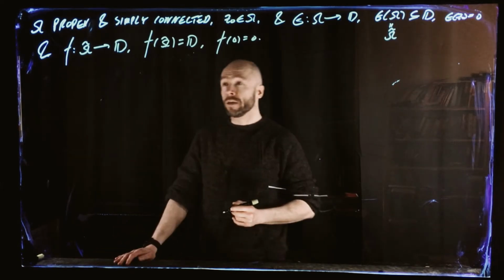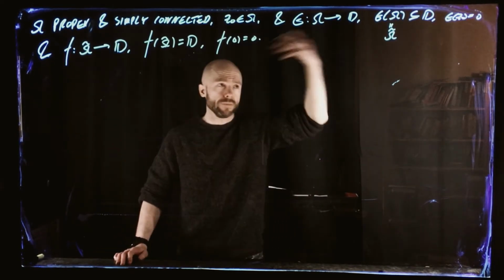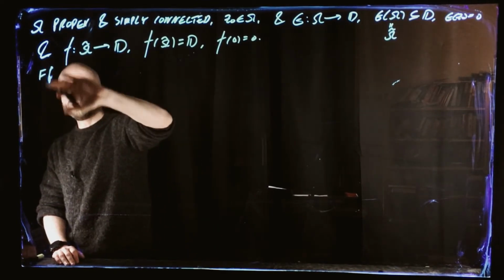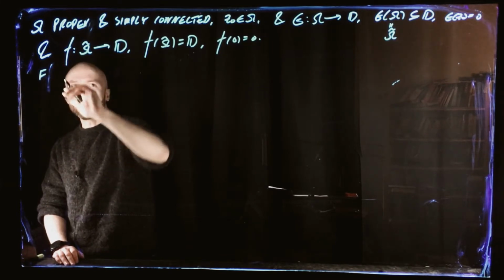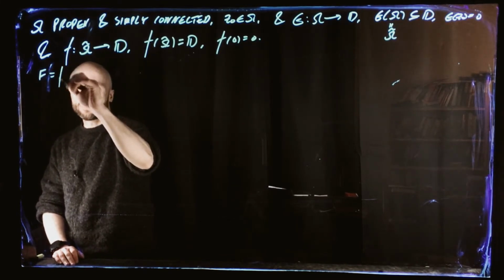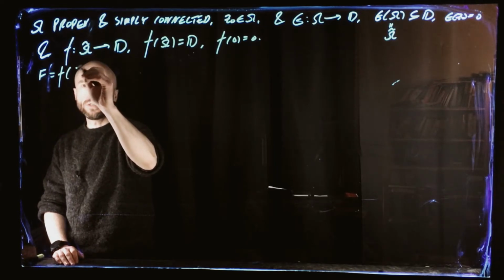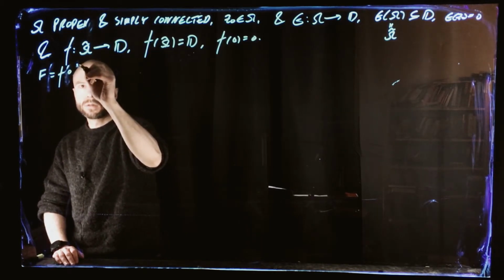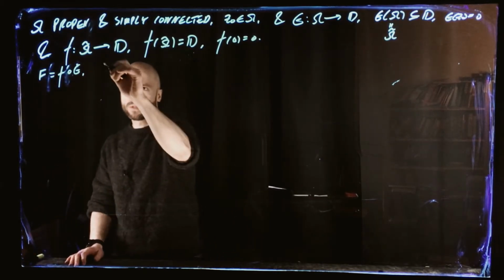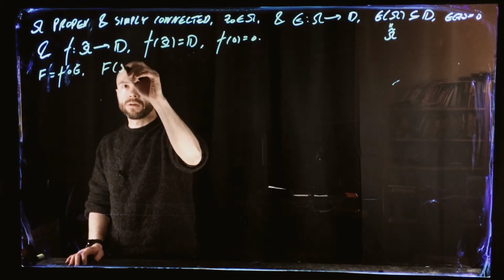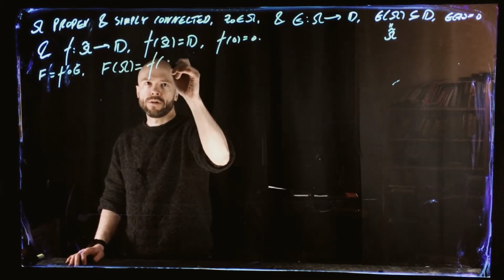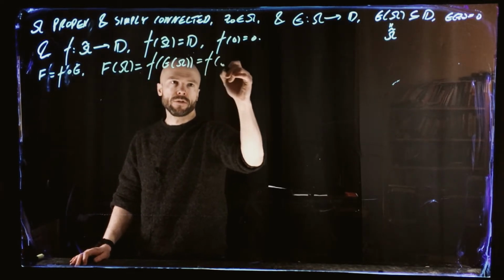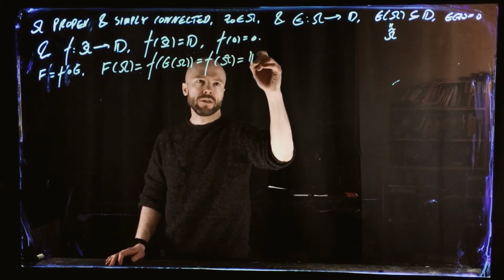Okay, so then finally, capital F has been used already in the proof, but we don't need it anymore, so let's just define capital F to be the composition of these two guys. Let's do f composed with g. So then F of omega equals f of g of omega, which is f of omega tilde, which is the entire unit disk.